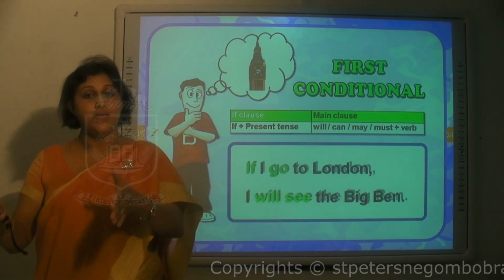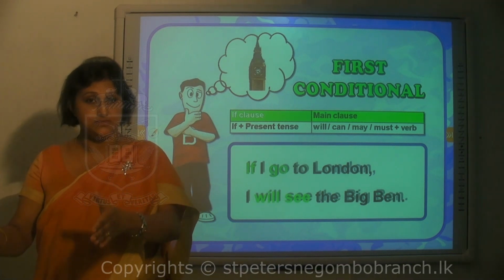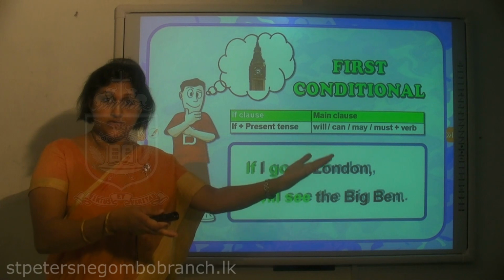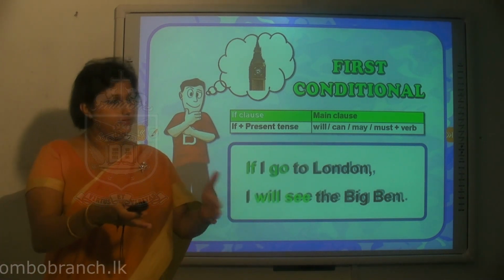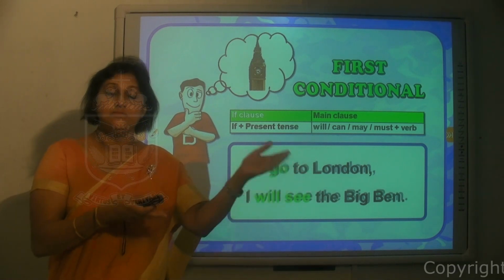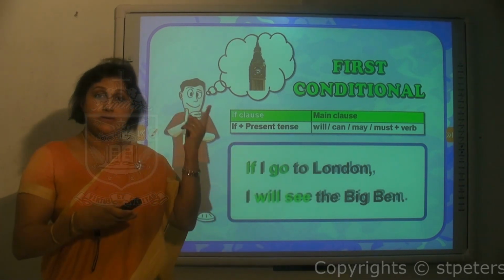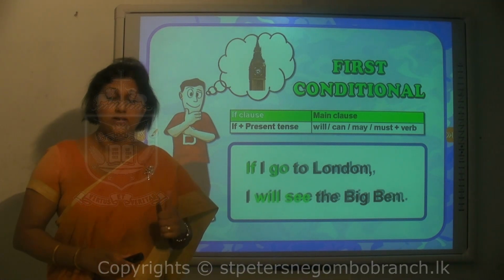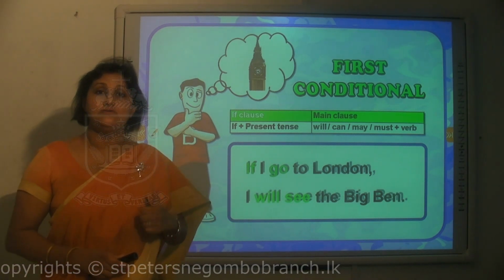So if you go to London, that is something in present, then you will see the Big Ben. That is a possible situation. So obviously you can go to the Big Ben. So keep that in mind. When it comes to first conditional, type 1, we talk about possible situations.